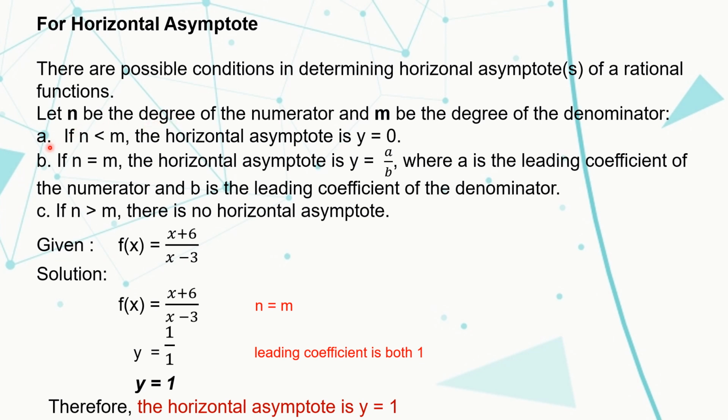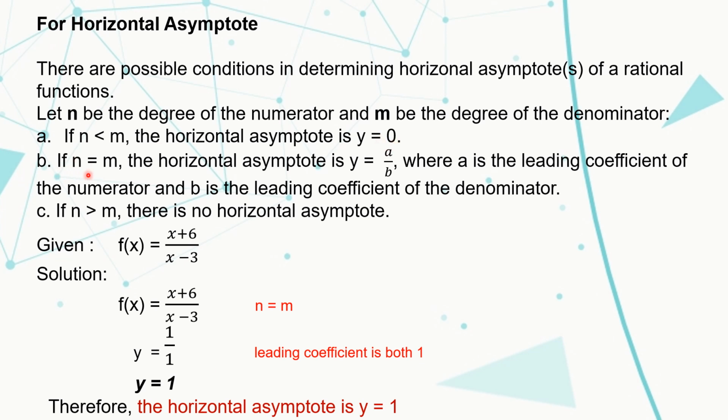So letter A condition, if n is less than m, the horizontal asymptote is y equals 0. Meaning to say, kapag yung degree daw ng ating numerator ay mas mababa sa degree ng ating denominator, automatic na ating horizontal asymptote ay 0.